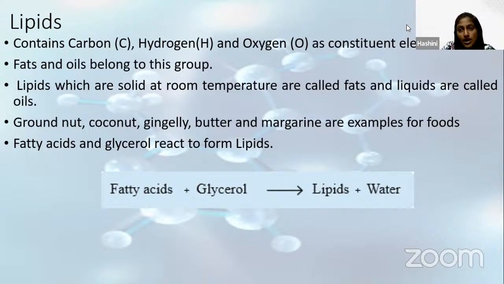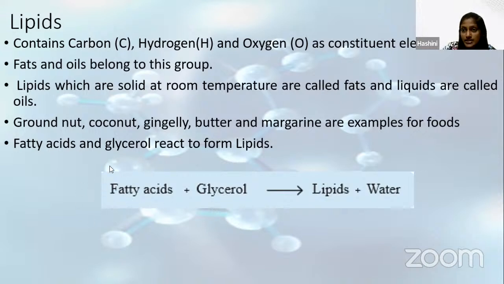Now we have to identify how the lipid structure is made. There is a glycerol molecule and fatty acids.